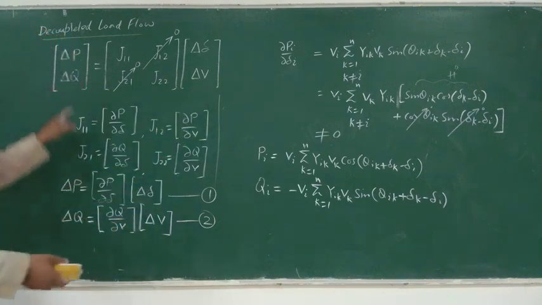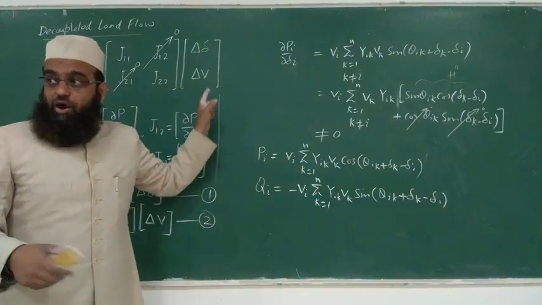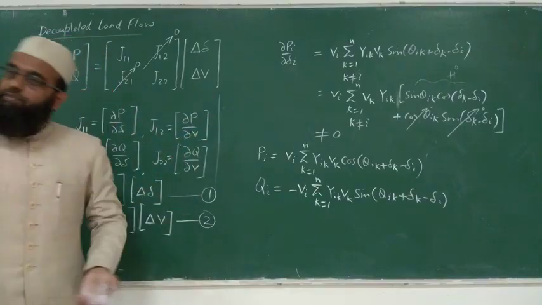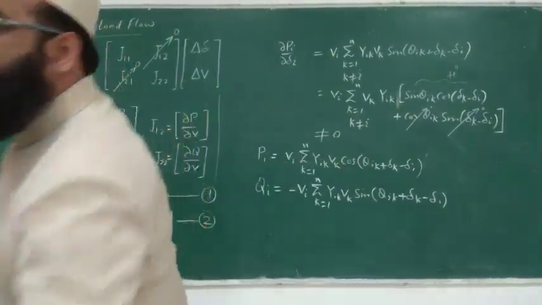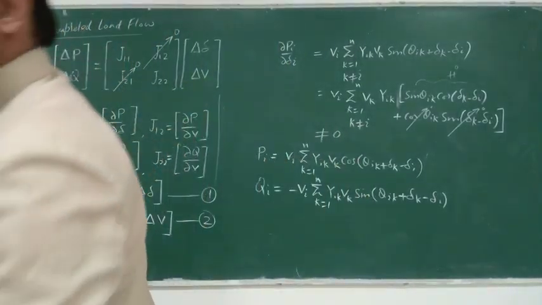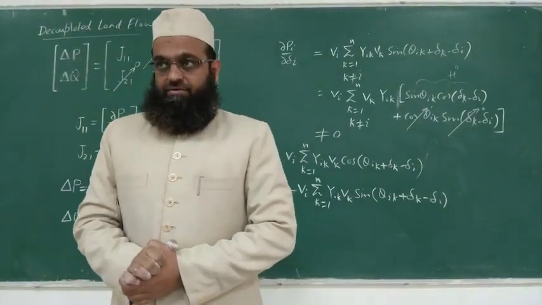But now we are writing ΔQ is nothing but J22 ΔV. That is simplified. Now this time we have decoupled. The remaining procedure will be the same as that of the Newton-Raphson method of load flow except for this decoupling. That's why this load flow method is known as the decoupled load flow method.